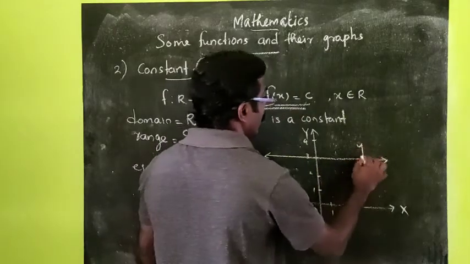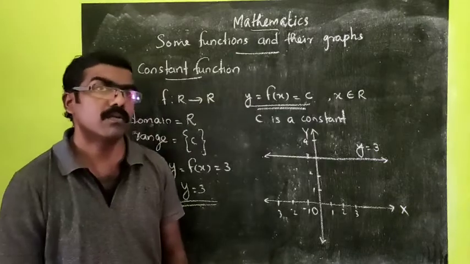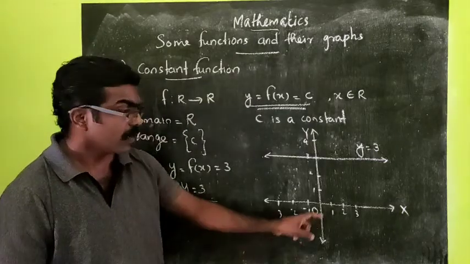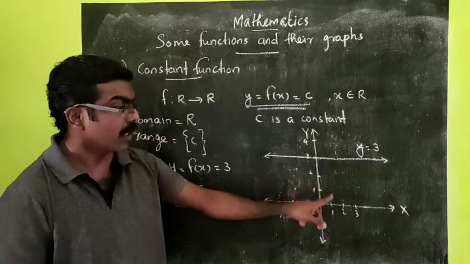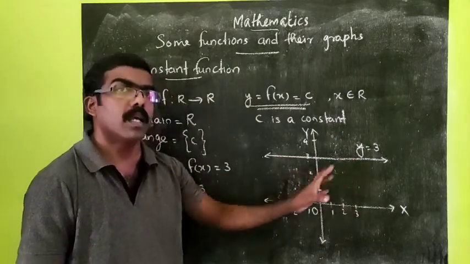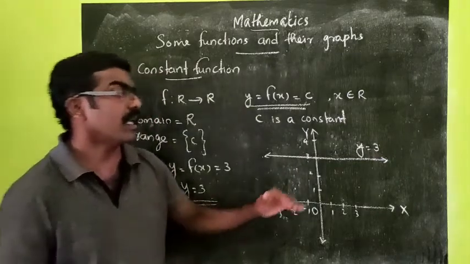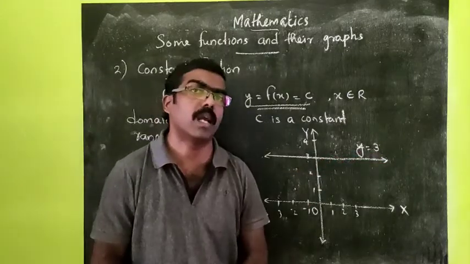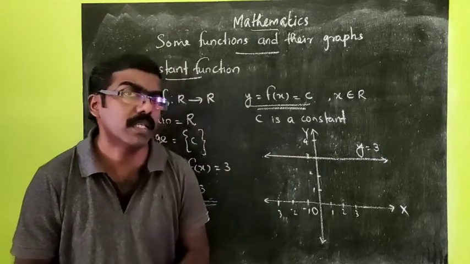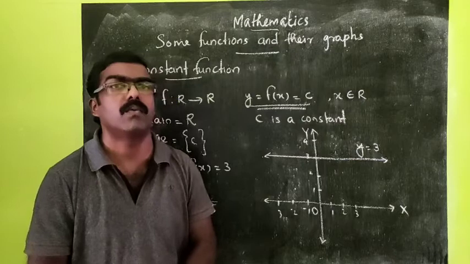So this is y is equal to 3, the graph of y equal to f of x equal to 3. Okay. The image of 0 is 3. Image of 1 is 3. Image of 2 is 3. Image of 3 is 3. And if we take the image of any real number, that all gives the value as 3. Okay. The value of f of x doesn't change. That is why it is known as constant function.